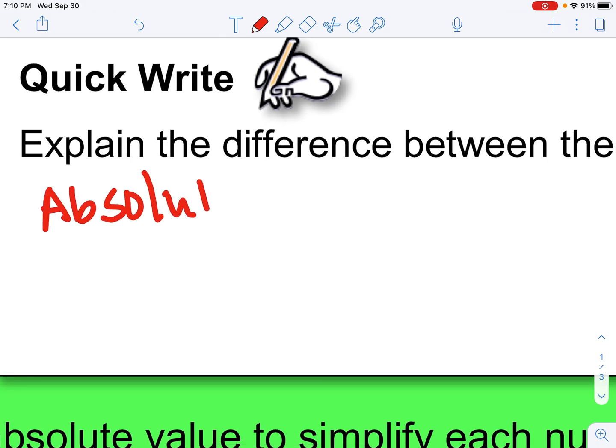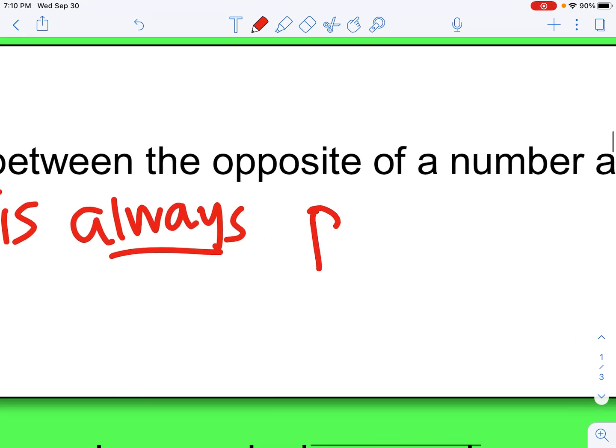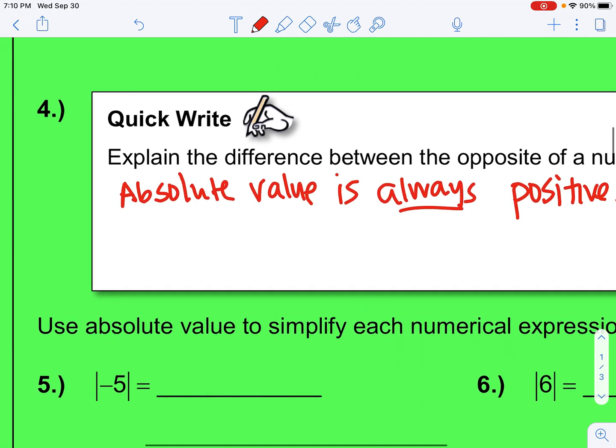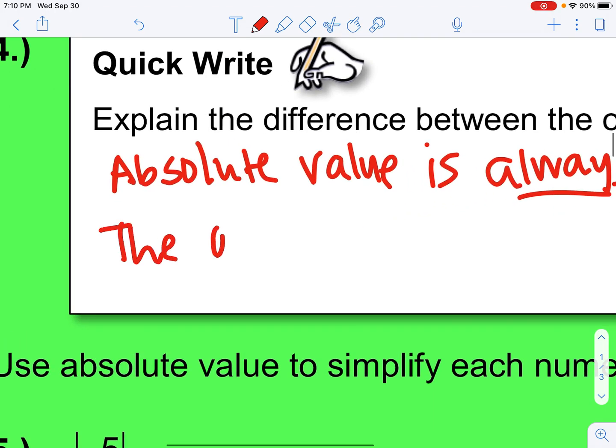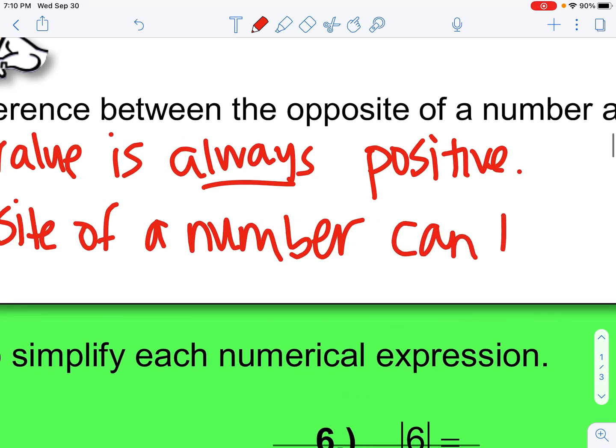Absolute value is always, always, always positive. But the opposite of a number can be positive or negative.